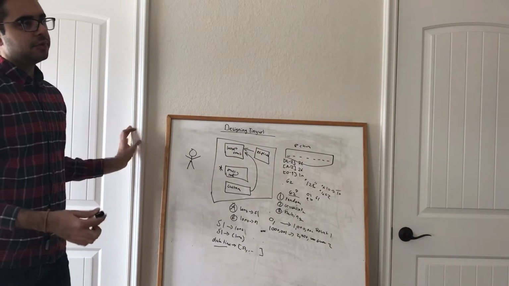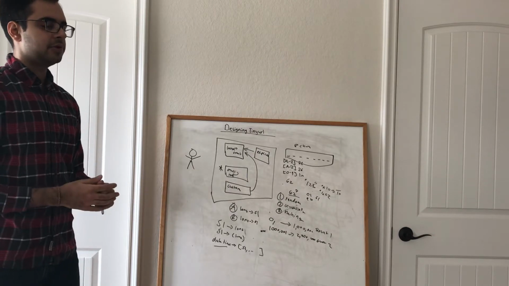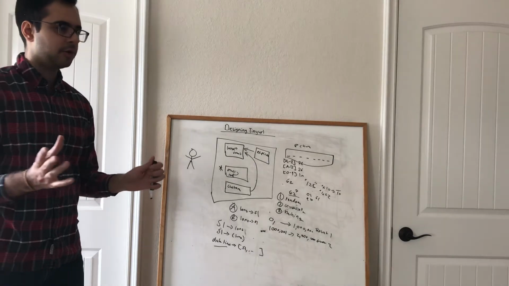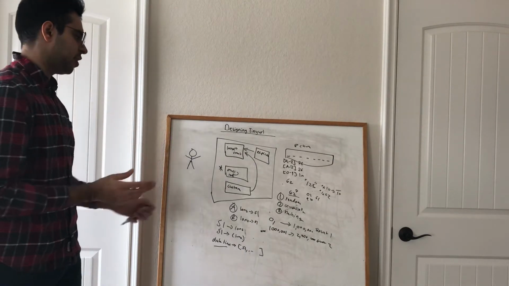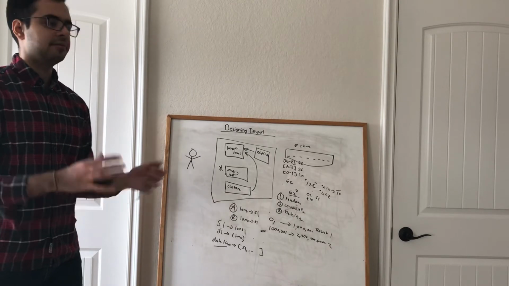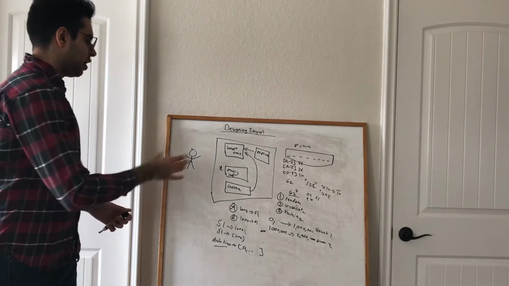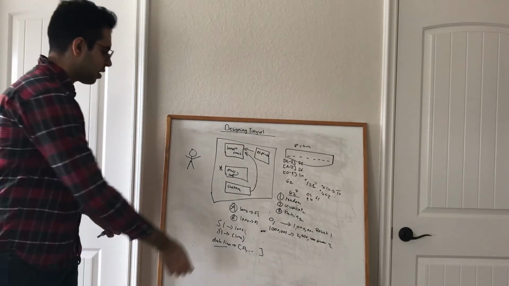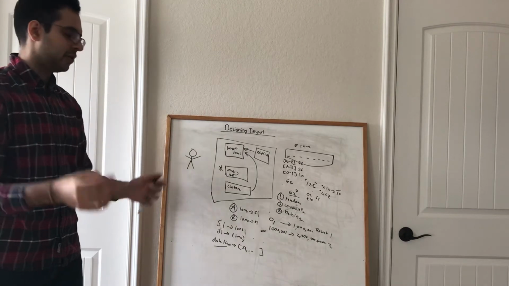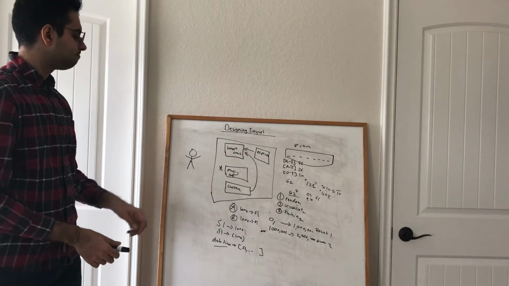Because if something is trending and someone shares a video URL as a tiny URL, let's say on Twitter or Facebook, and this is going viral, there's going to be a lot of read requests, meaning a lot of people trying to access that tiny URL and go to the bigger URL. So it's going to be more read heavy.